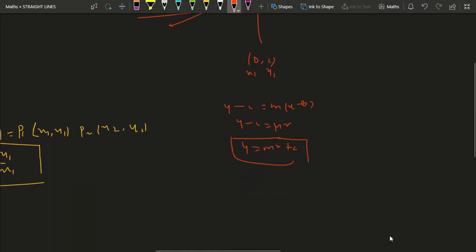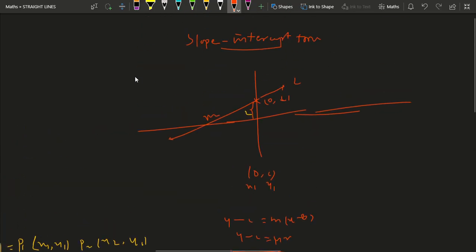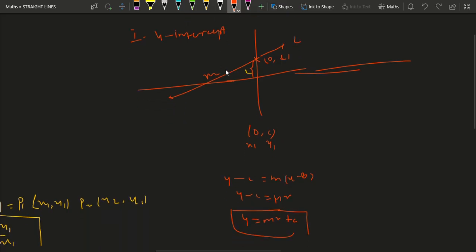Suppose instead of C, the line L with slope m makes an x-intercept D. The first case is for the y-intercept: if they mention the y-intercept, then you have to use this case.